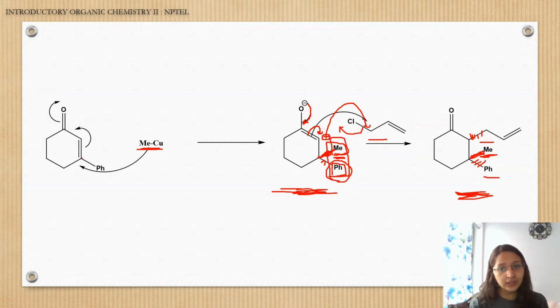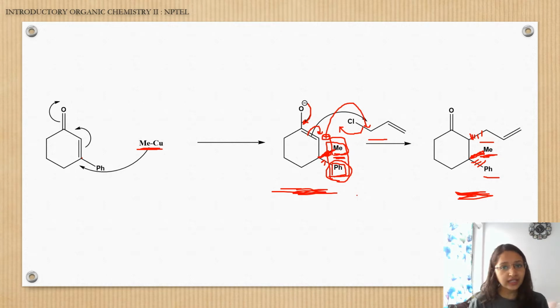If this electrophile goes above the plane, then it will suffer steric hindrance only from the methyl. So which steric hindrance is more, phenyl steric hindrance or methyl steric hindrance?